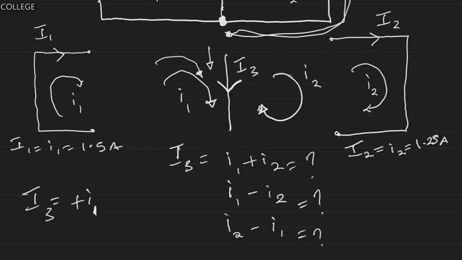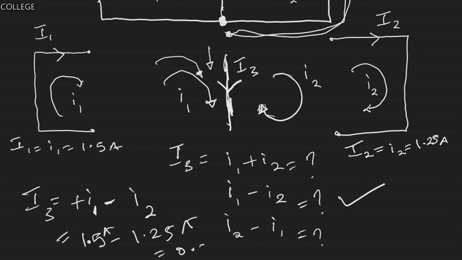So we have minus i2, because i1 flows in the same direction, minus the current flowing through the components in the middle in the opposite direction. So we have 1.5 minus 1.25 ampere, which is equal to 0.25 ampere.